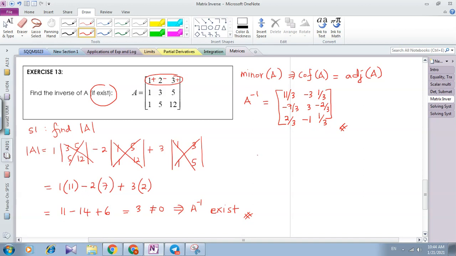You can try to multiply A with A inverse and check whether you are able to get the identity matrix. If you are able to get the identity matrix, then your inverse is correct.